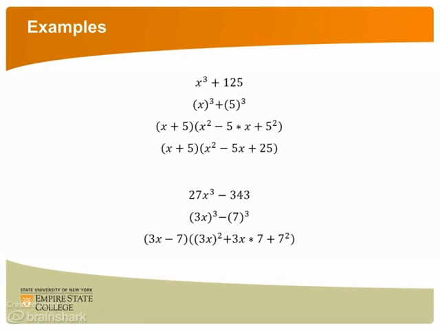Plugging into the general format, we have 3x minus 7 in the first set of parentheses, and 3x squared plus 3x times 7 plus 7 squared in the second set of parentheses. Simplifying, we are left with 3x minus 7 times 9x squared plus 21x plus 49.